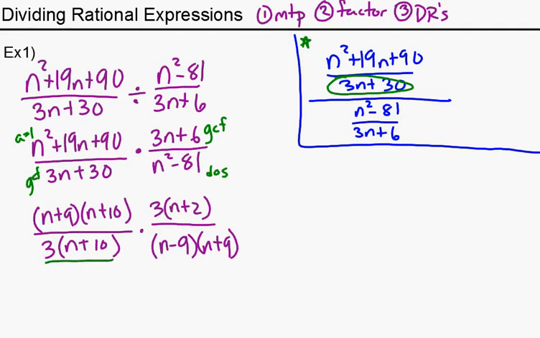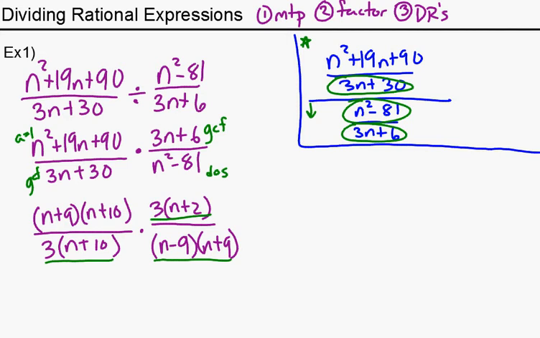And obviously, 3n plus 6 is a denominator, so I'm going to have to get domain restrictions from there. And n squared minus 81 has been a denominator because it's at the bottom of that fraction. And here, obviously, it is a denominator. So I have to get domain restrictions from there. So there's 3 pieces. That's the tricky part.